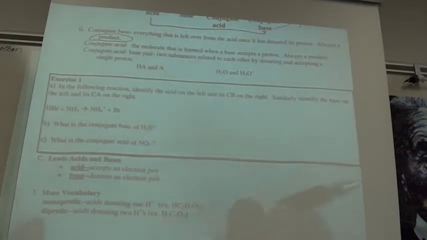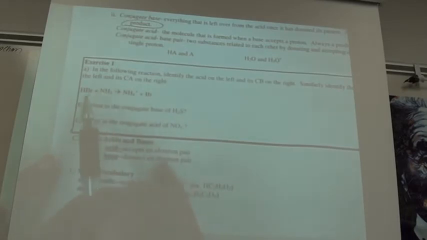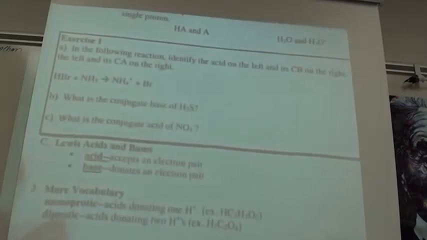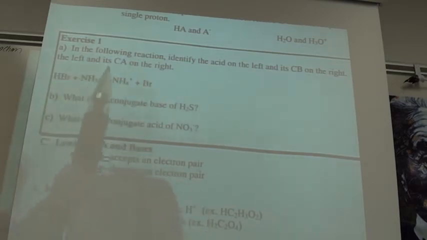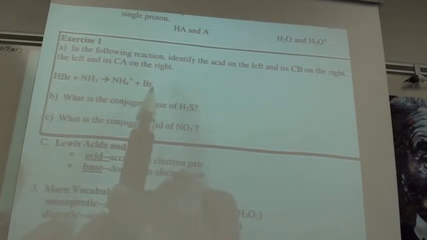Okay. When I look at this, HBr and NH3, I need to determine which one's going to be the acid and which one's going to be the base. They both have hydrogen in them, so I can't tell just by looking. But I can tell by looking at what happened on the other side of the arrow. HBr is converted at this side to just Br.